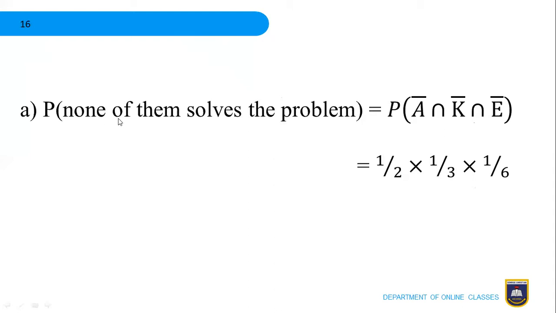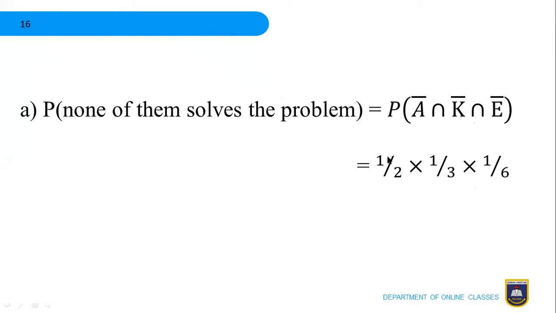Probability that none of them solved the problem will be equal to probability that Abina will not solve the problem and Kwame will also not solve the problem and Ernest will also not solve the problem.